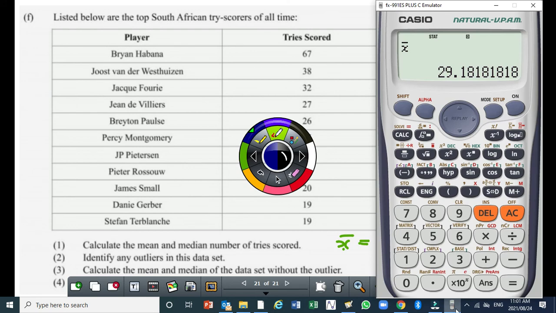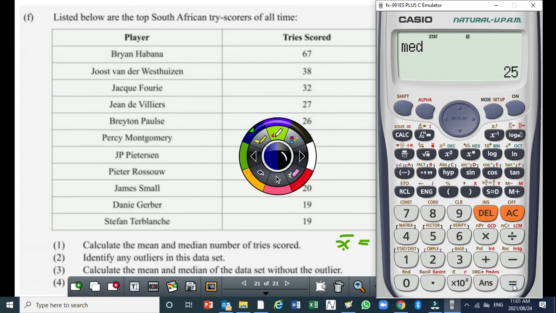depending on your calculator, if it can give you the median, then you can write it down. If it can't, then you have to rearrange all these data sets from smallest to largest, which will take you what? Time. So let's see if we can retrieve that. We've got 1-VAR, then we've got min-max, that's number 6. Fortunately, this calculator can determine the median for me, so that's number 4.